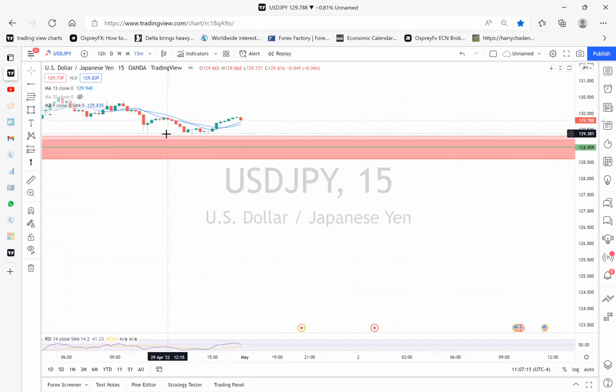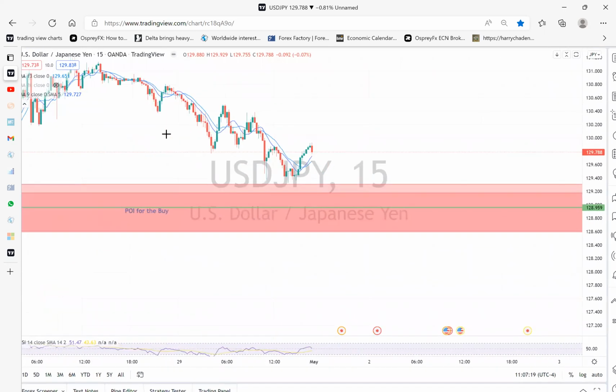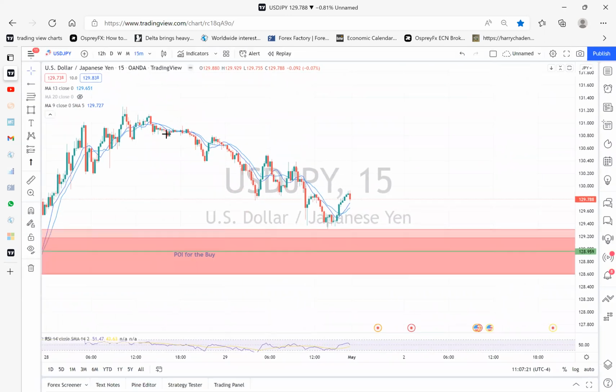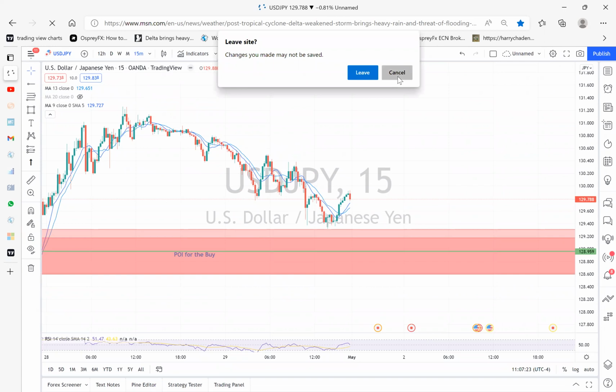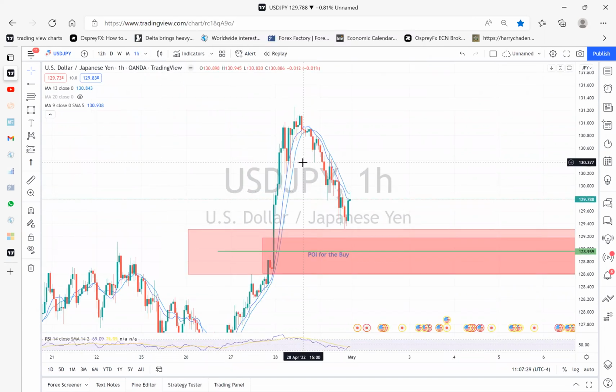What I want to do is drop down here on the lower time frame and watch for a schematic to play out, right? And maybe I don't see it on the 15-minute. Maybe I see it on the 1 hour, or maybe I see it playing out on the 2 hour.